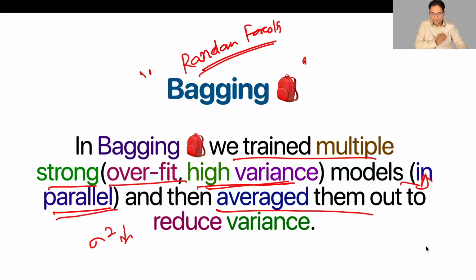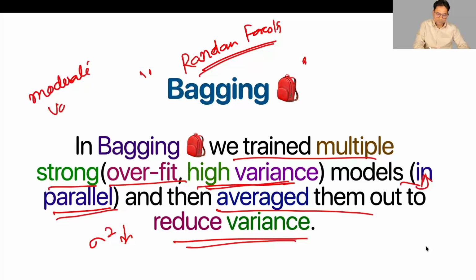Finally whatever model we got had moderate variance, and that generalized well because decision trees have a tendency to overfit. So that was our bagging. Multiple overfit high variance models, averaged together, and then finally the net variance was reduced. That was bagging technique for you.